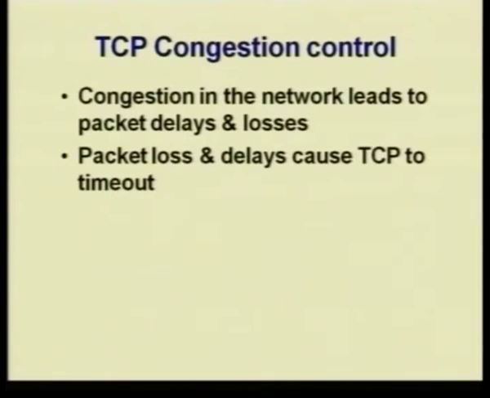Whenever more data is coming into the network than the network can handle, the network's capacity is being exceeded. So typically how will the network react to that? It will delay packets and it will lose packets. So congestion in the network basically leads to packet delays and losses. What we need to do therefore is identify these packet delays and losses and make sure that you don't send so much data into the network, and thereby reduce the congestion in the network.